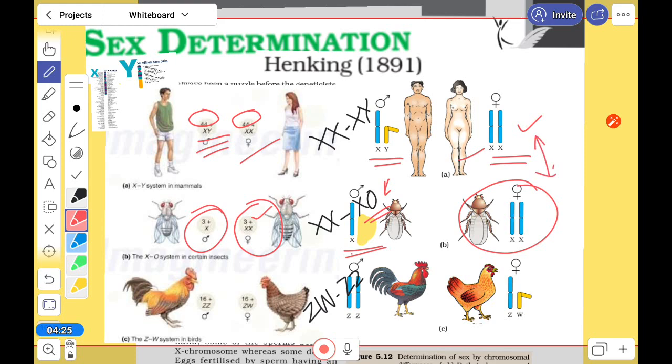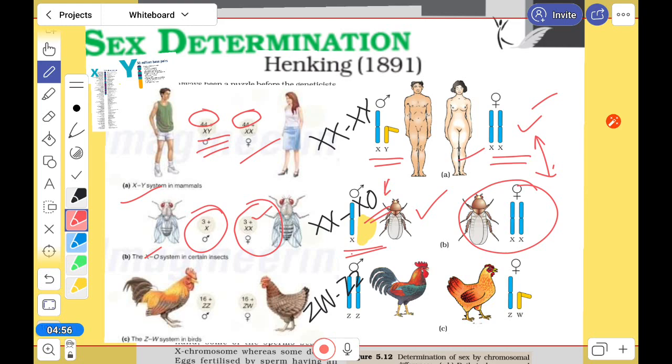Hermann's firebug was of this type, so he saw only one single chromosome. The XX-XY type is found in human beings, Drosophila and several plants, and the XO system in several insects, grasshoppers and bugs.